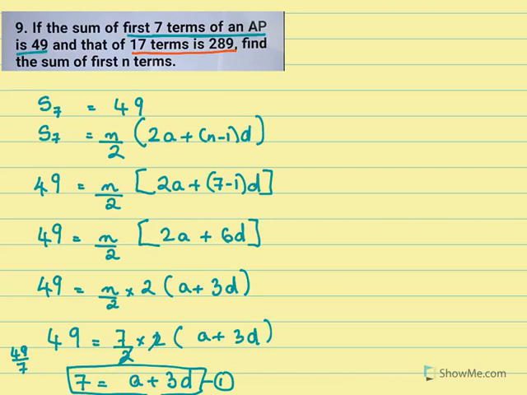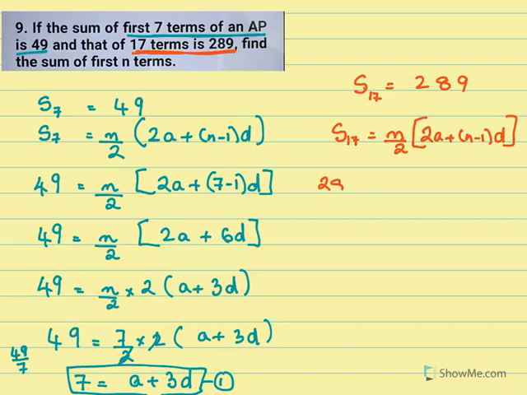Now for the second part, it's given to us that the sum of 17 terms is 289. S17, not A17, the sum. Now S17 is n by 2, 2a plus n minus 1 d.